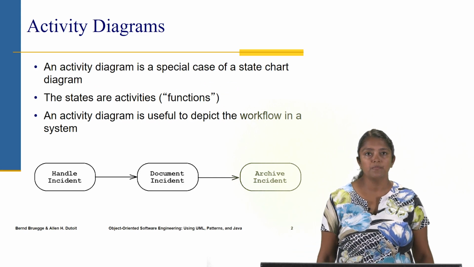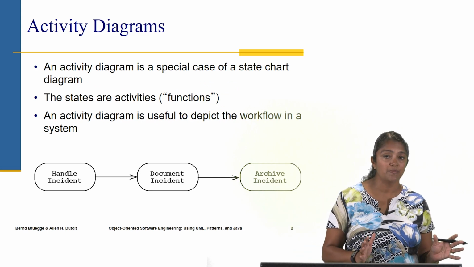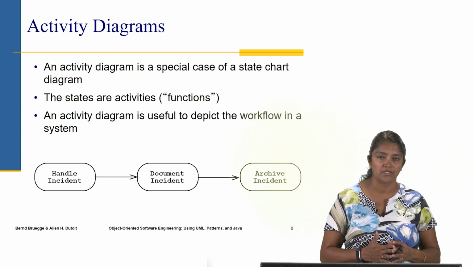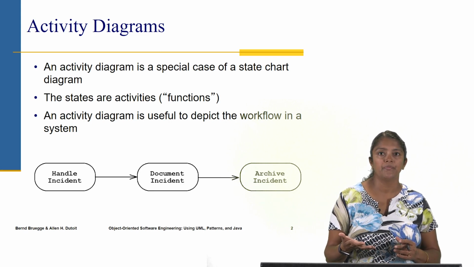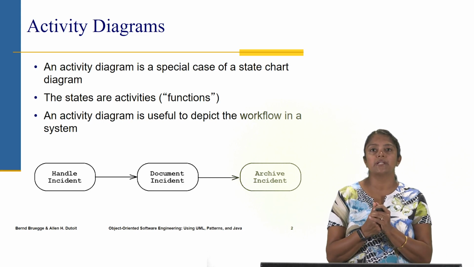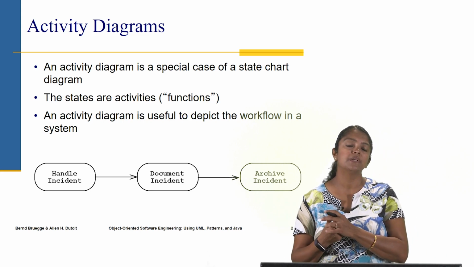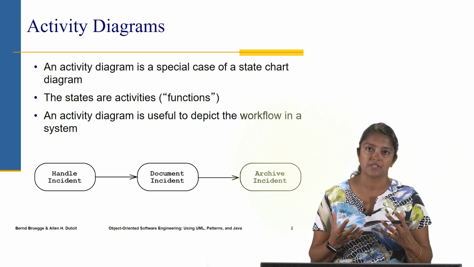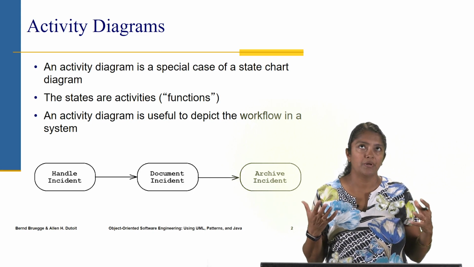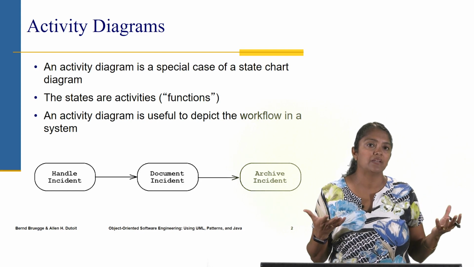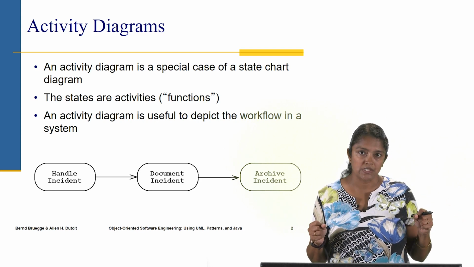An activity diagram is similar to state charts, but it's a special case of state charts. The states in this case are not states of an object like in the case of state diagrams, but activities or functions. You can think of activity diagrams as the purpose is more so to depict the workflow in the system.